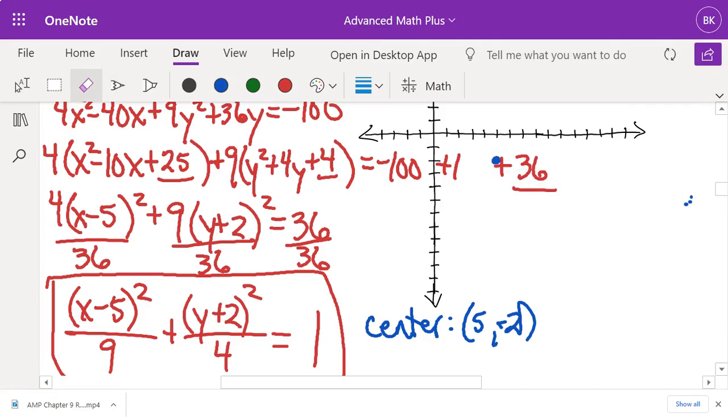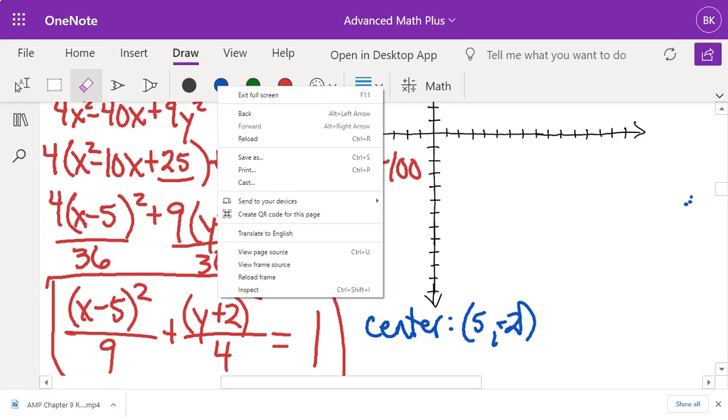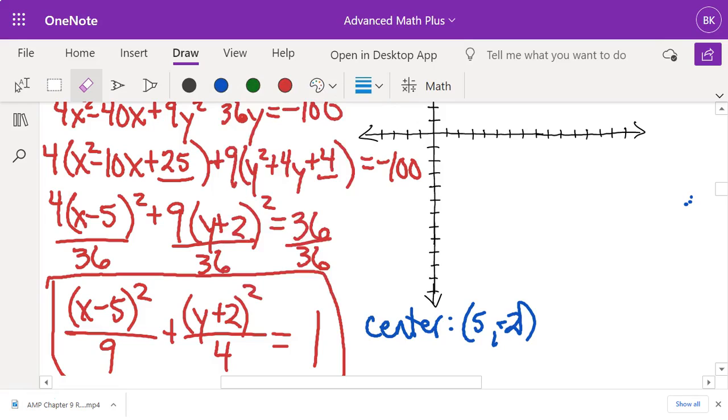It takes so long for it to catch up after me erasing. Let's try this again. What do we say? 5, -2, right? So there's my center, 5, -2, right there.